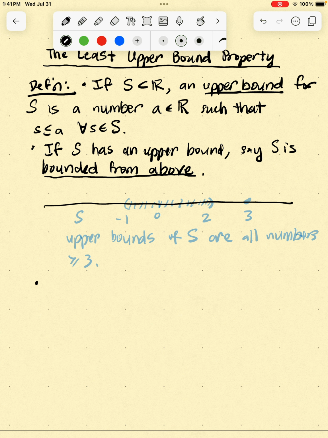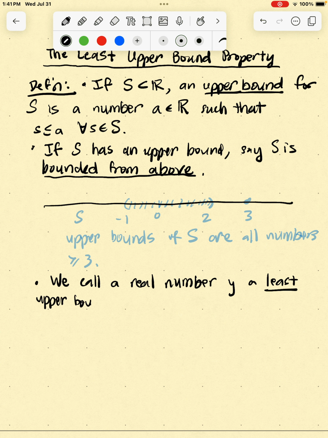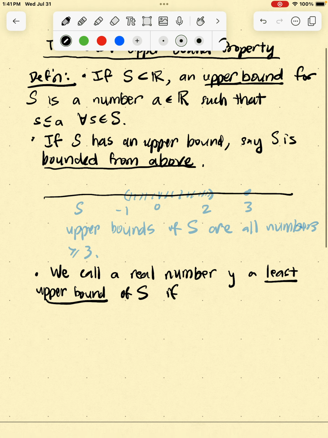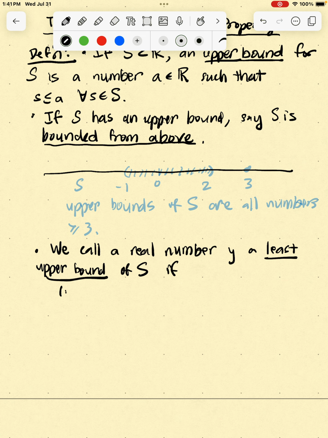Now we're ready for another definition. We call a real number y a least upper bound of S if two things happen. The first thing is that y is an upper bound.